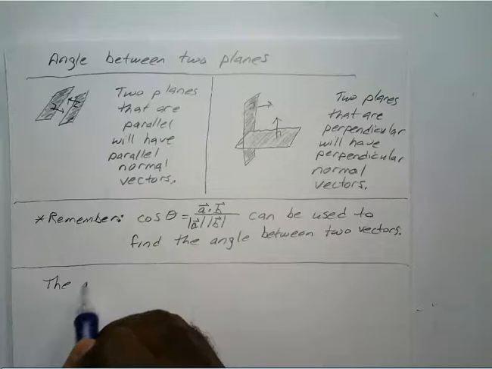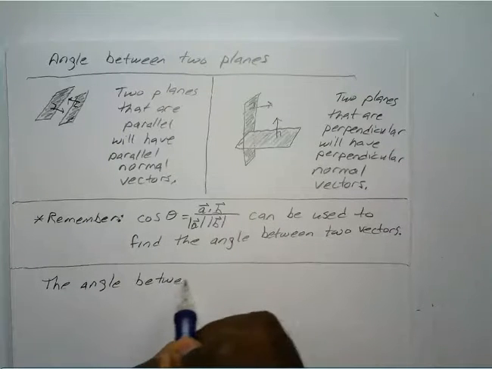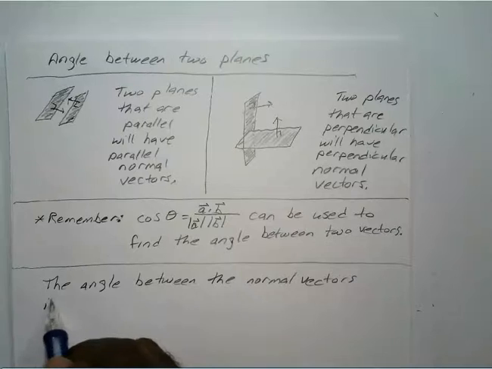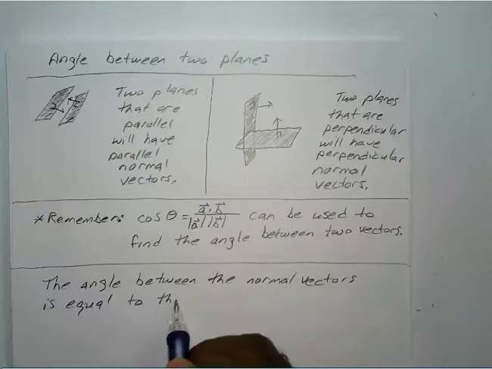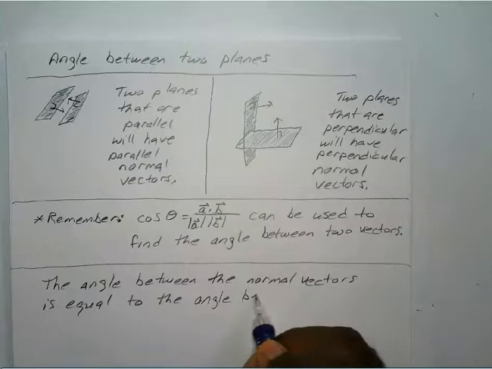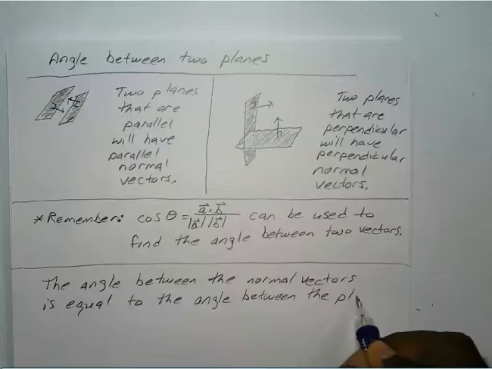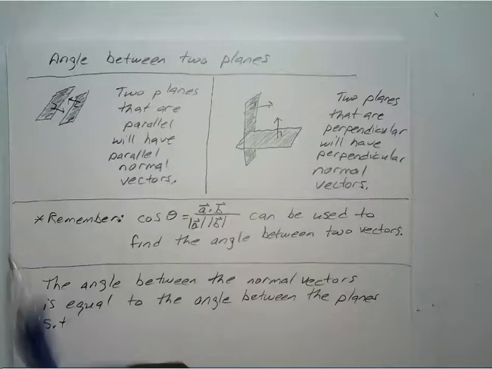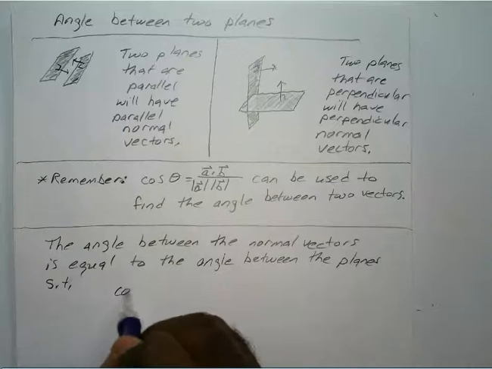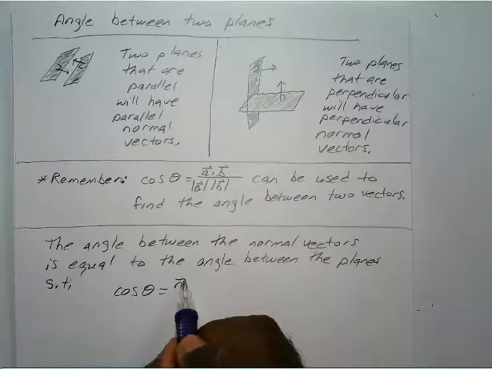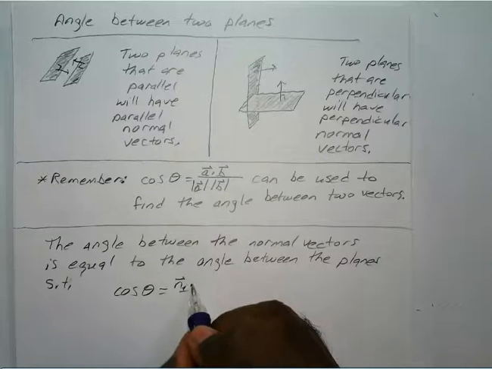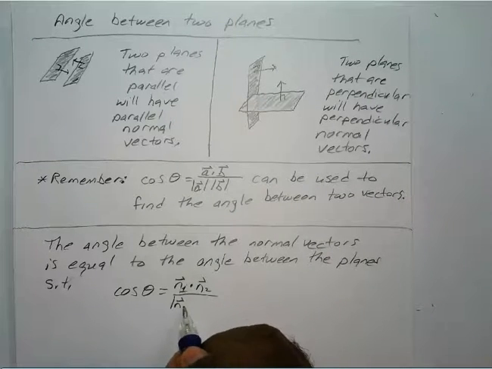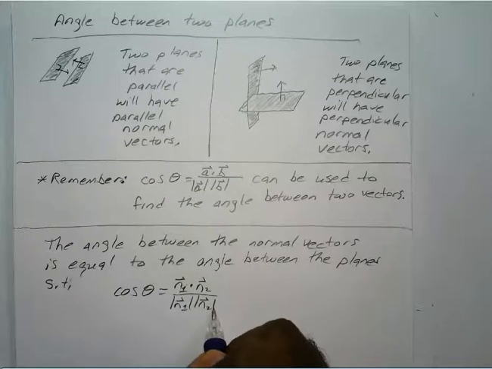we can see that the angle between the normal vectors is equal to the angle between the planes, such that cosine theta is equal to the dot product of the first normal vector and the second normal vector divided by the magnitude of the first normal vector times the magnitude of the second normal vector.